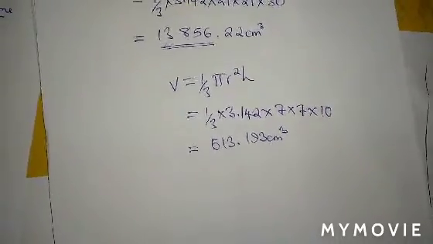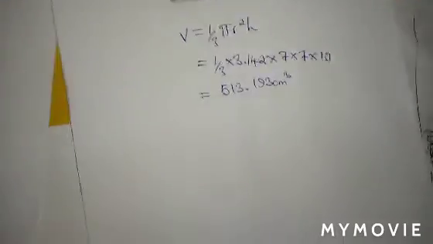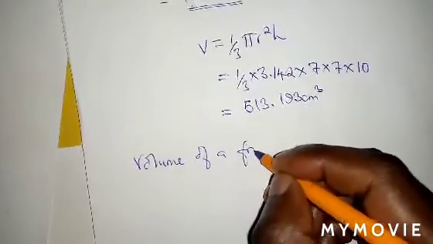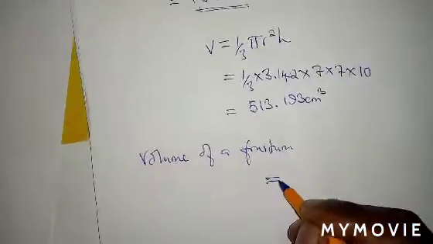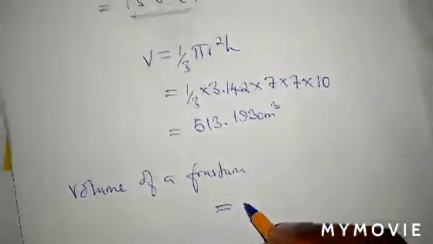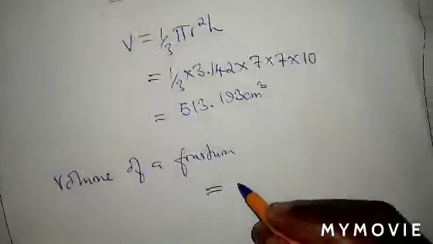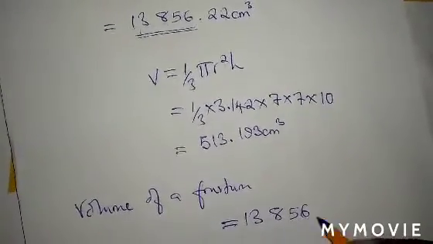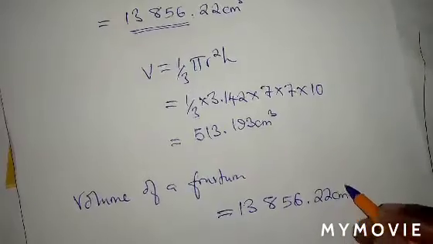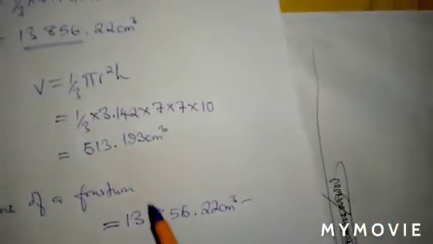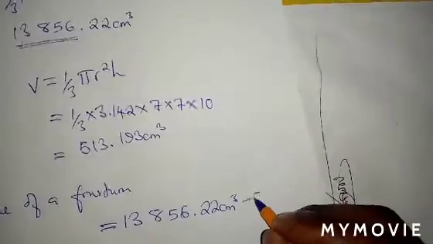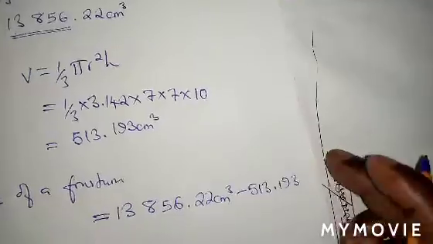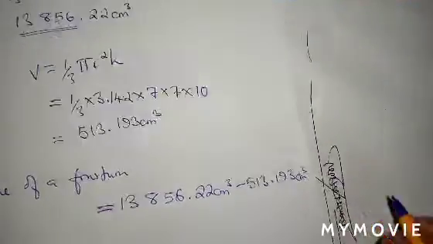What will remain is the volume of the frustum. So the volume of the frustum will be equal to the volume of the full cone before it was cut, which we found to be 13,856.22 centimeters cubed, minus the volume of the small cone, which we found as 513.193. Let's punch that on our calculator and see what the volume of the frustum is.